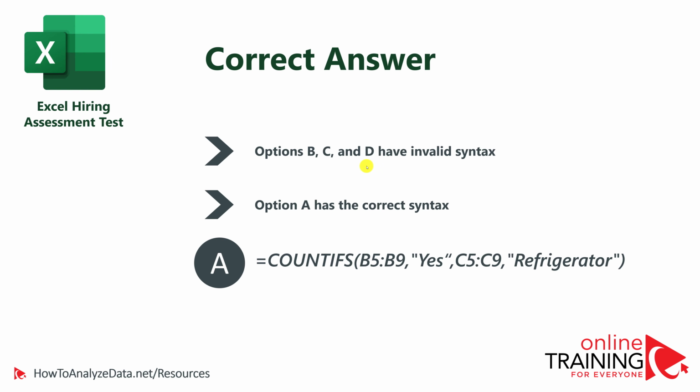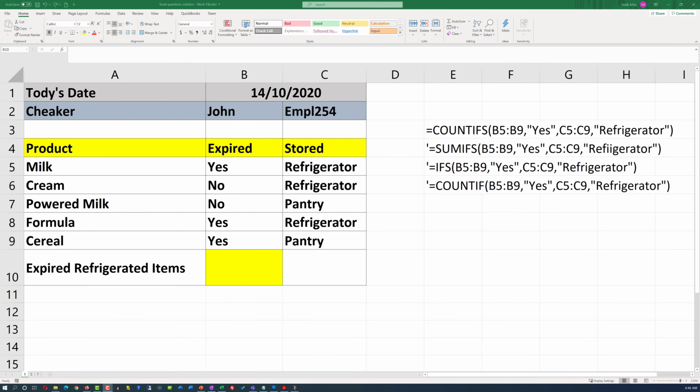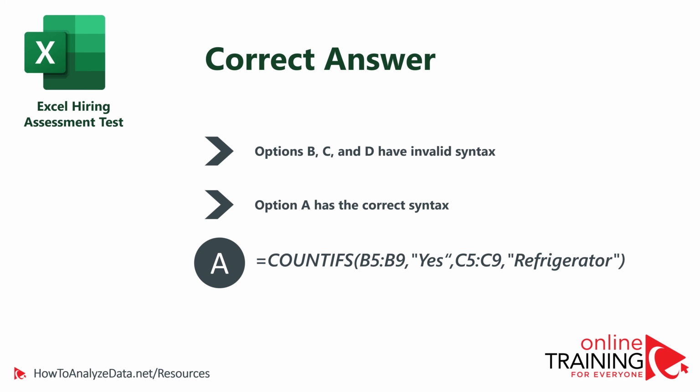And for the same reason, choice D is incorrect as well, because it has incorrect Excel formula syntax. And when you put the correct formula into cell B10, you will see that the final number of products that meet criteria is 2. This was a tough question. Hopefully, you've got this one right.